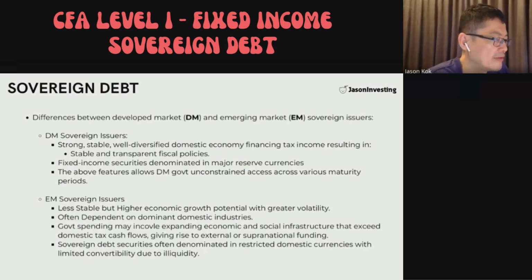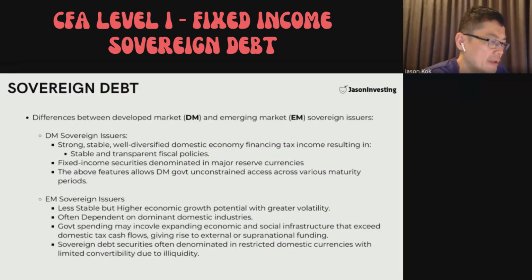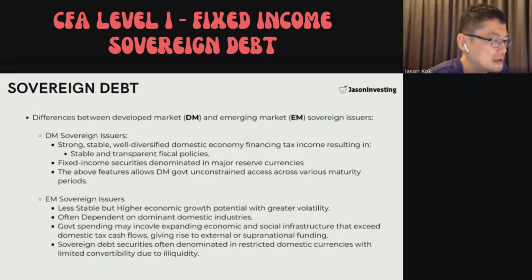Emerging markets are often dependent on dominant domestic industries, and these are normally low cost and low tech industries, for example coffee plantations or textile industries.